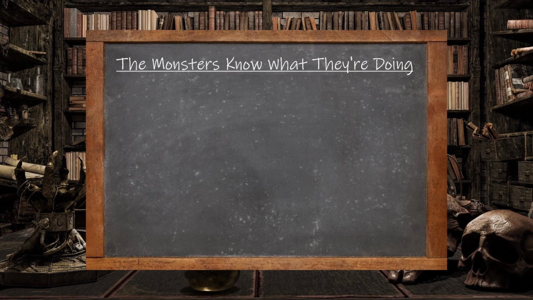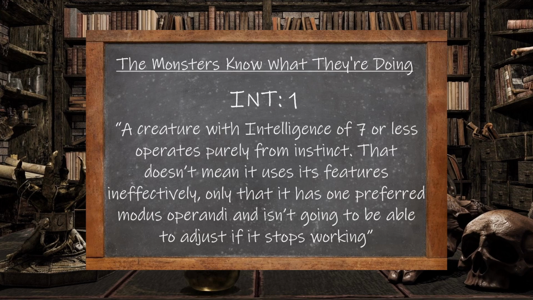Continuing with their mindset, let's dive into some of their mental ability scores. Ankhegs have an intelligence score of 1. With regards to intelligence scores of 7 or less, Amon states, "A creature with intelligence of 7 or less operates purely from instinct.